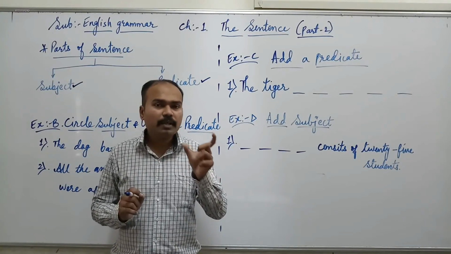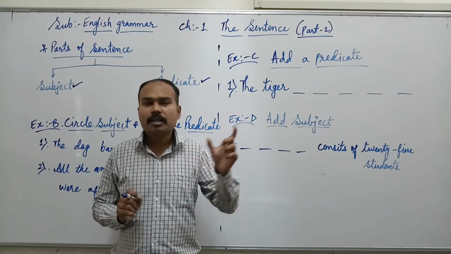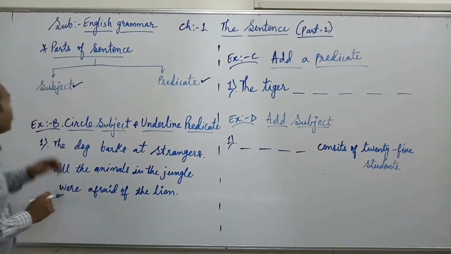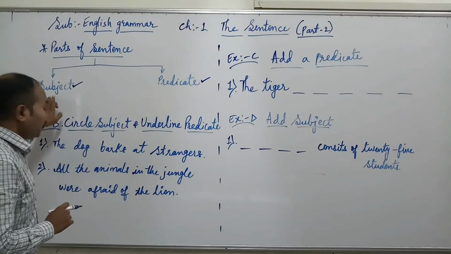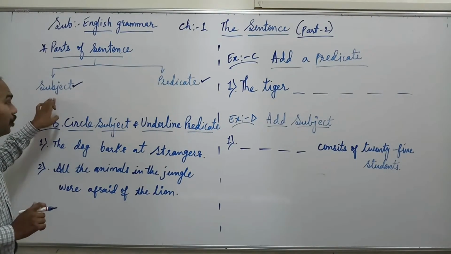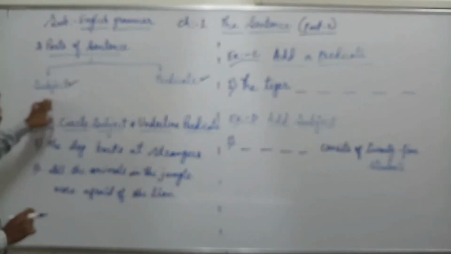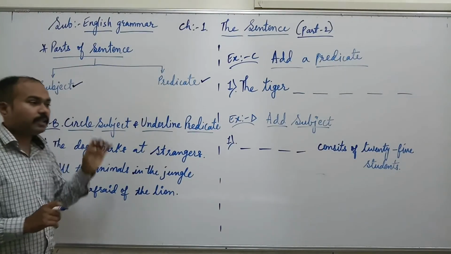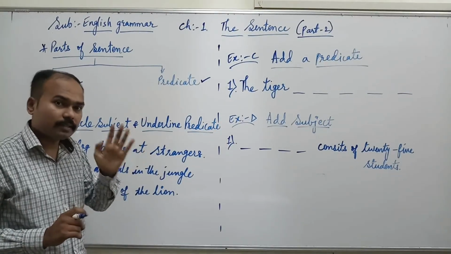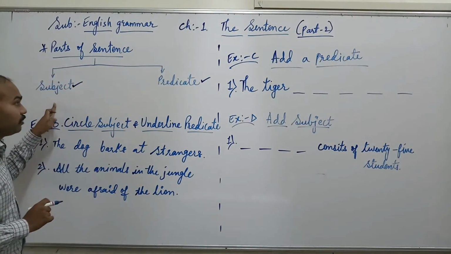In this way it may be a single word or a group of words. Okay students, so subject is what? Subject is the main thing in the sentence. It is the doer of the action. Or subject tells us what or who is doing the action in the sentence. That is the subject.